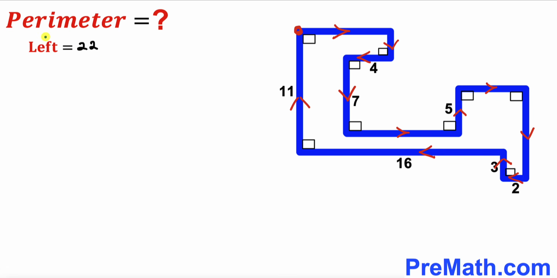So therefore our combined length for this left hand side direction turns out to be 22. So therefore, according to our looping principle, the right hand side has got to be 22 as well. In other words, if we add these segments, this right hand side, and this right hand side, that adds up to 22 as well.